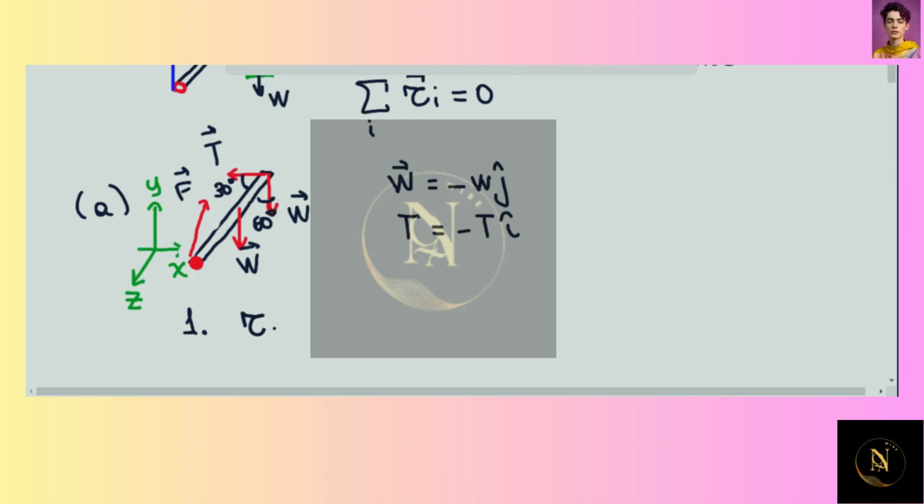So the torque coming from T is equal to T times the length of the rope, I'm going to call it L, so T L times the sine of 60.